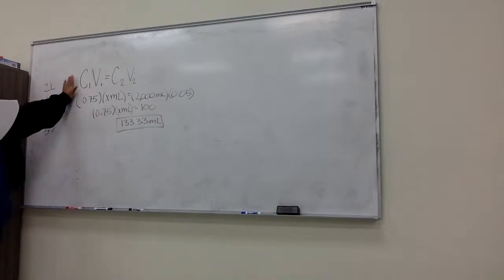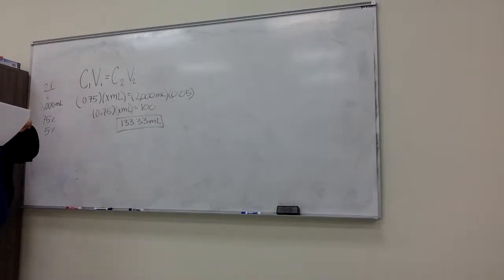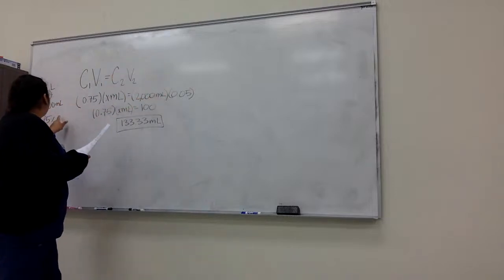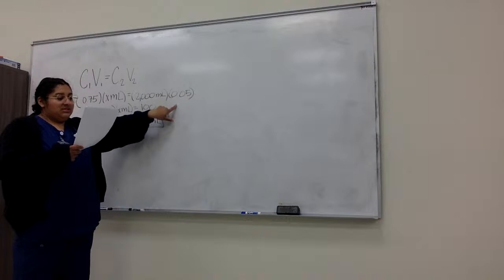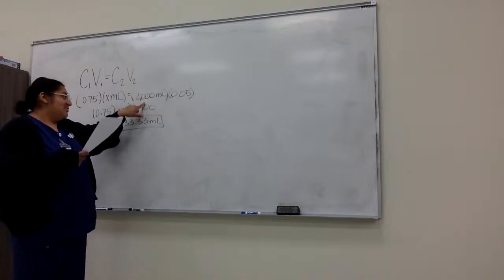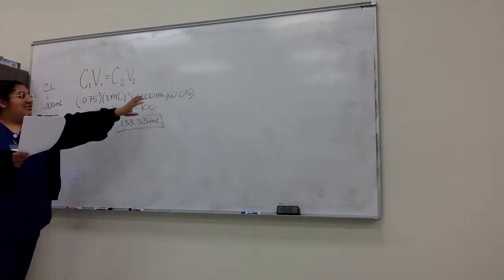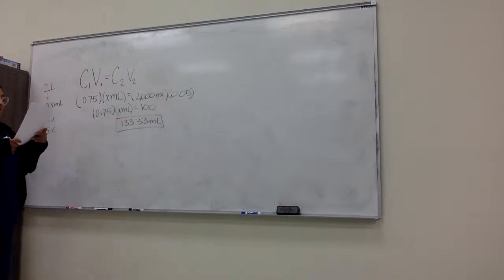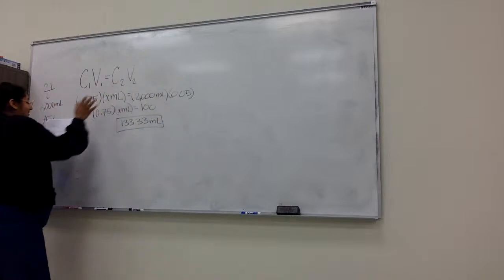I use this formula for this problem because the problem tells you that you need to prepare 2 liters, which is 2,000 milliliters, of 5% solution. So I put in those two numbers here. I converted 5% to 0.05, and we're not using 2 liters, we're using 2,000 milliliters for these variables, C2V2.